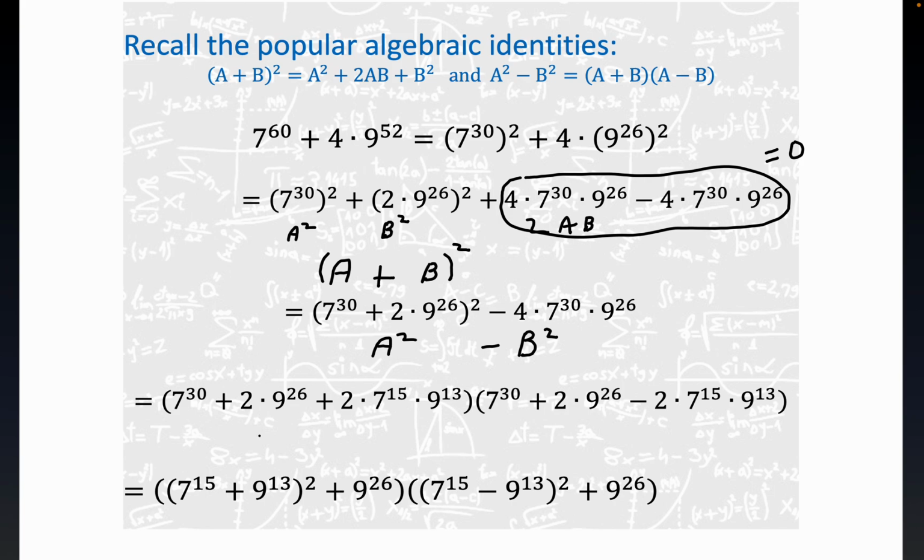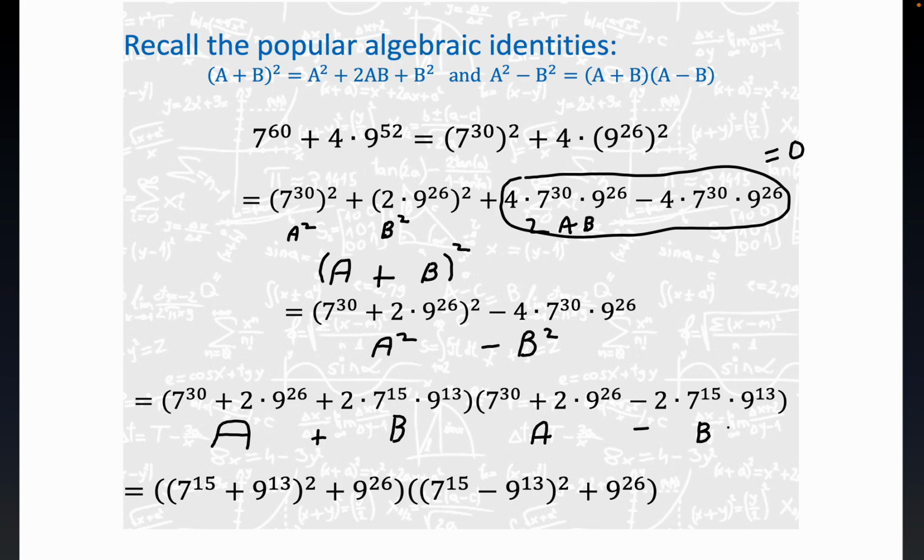In other words, I have 7 to the 30th plus 2 times 9 to the 26th. So this whole object would be the a, and this piece right here would be your b. That's sort of hard to see, but that's what makes these things fly. In a similar fashion, you would have a minus b right here. I'm trying to keep it underneath what it's relevant to. Okay, guys? I hope this is a clear explanation. I hope it makes sense.